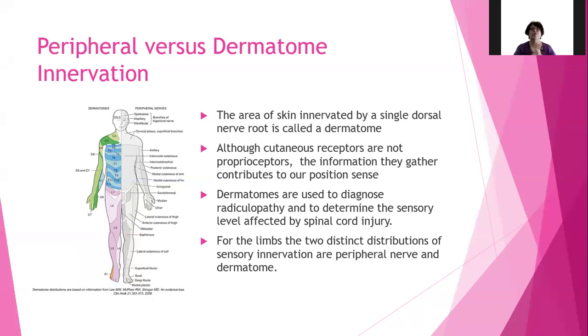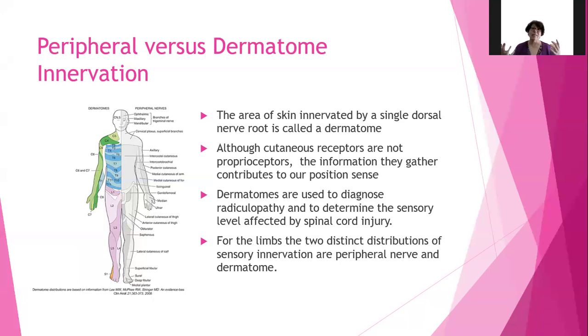Dermatomes are used to diagnose radiculopathies, where there's nerve damage and pain going from one area to another. They're also used to determine the sensory level affected by a spinal cord injury. For the limbs, there's the dermatomal distribution, and there's also peripheral nerve distribution. So we'll talk about areas that are innervated by a particular peripheral nerve.